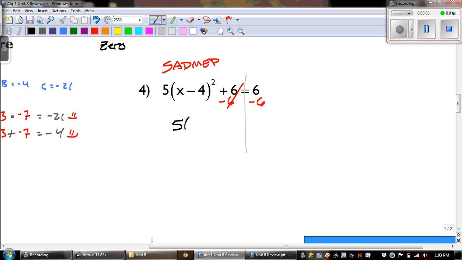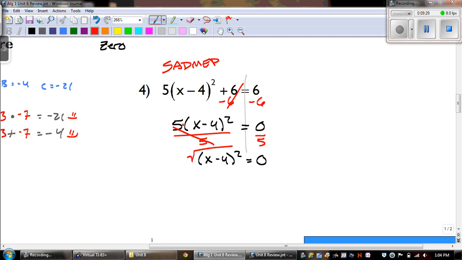Then we have 5x minus 4 squared equaling 0. The next thing we have to do is cancel the multiplication. That's the 5, so I'm going to divide both sides by 5. Those cancel, and I'm left with x minus 4 squared, and 0 divided by 5 is 0.